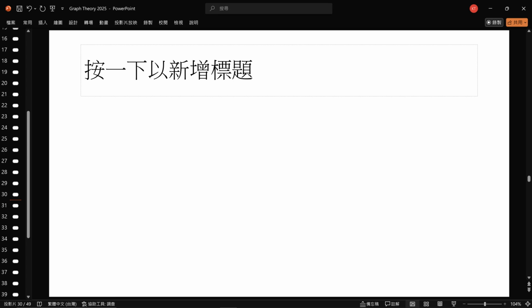Second, the total degree is 12 and n is 6, so 2 times n minus 1 is 10, and 12 is greater than 10. So this passes the second check. According to this result, 3, 3, 2, 2, 1, 1 is potentially connected.